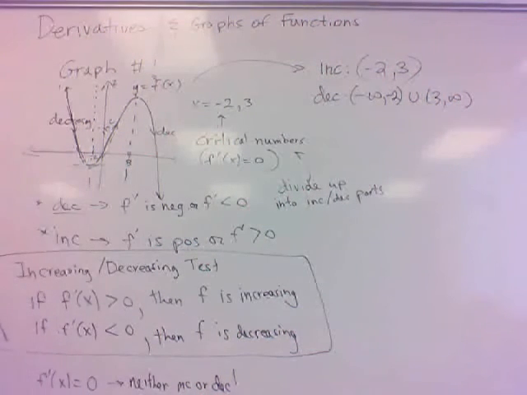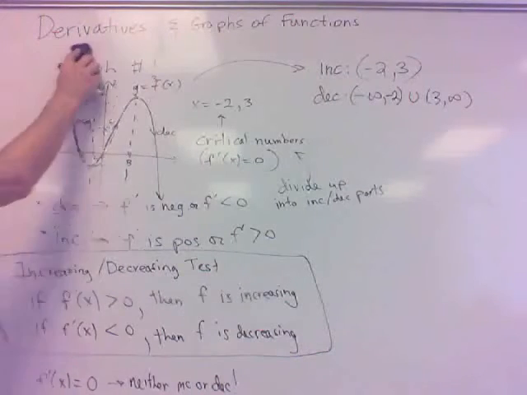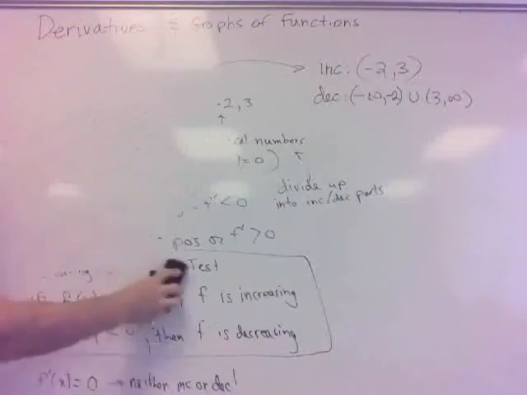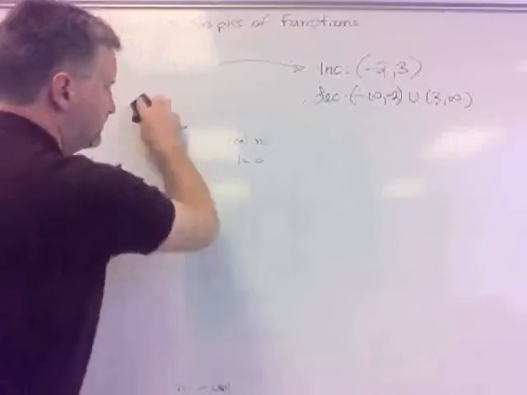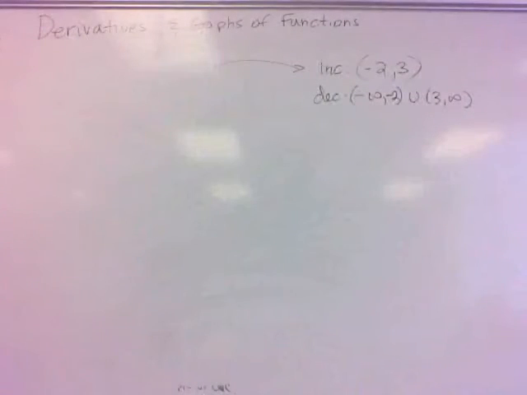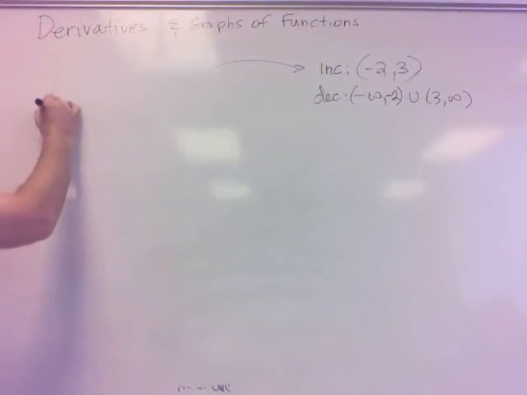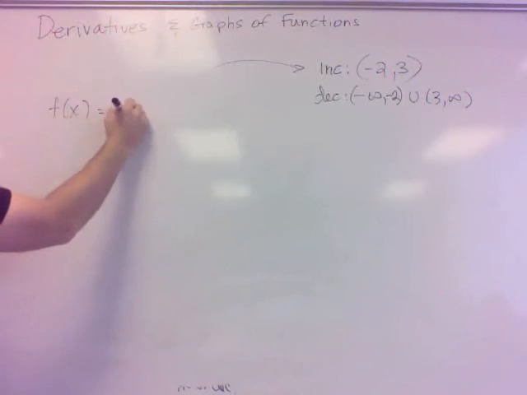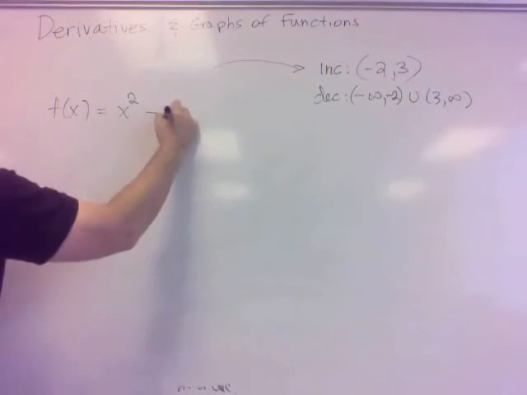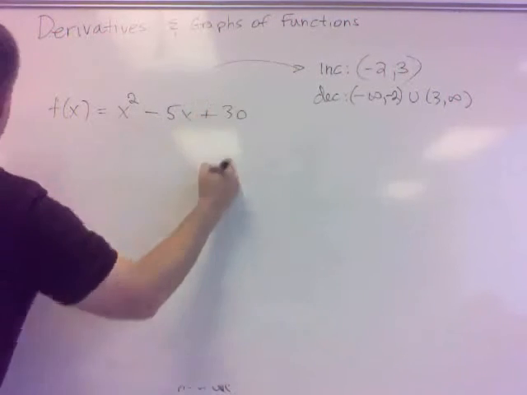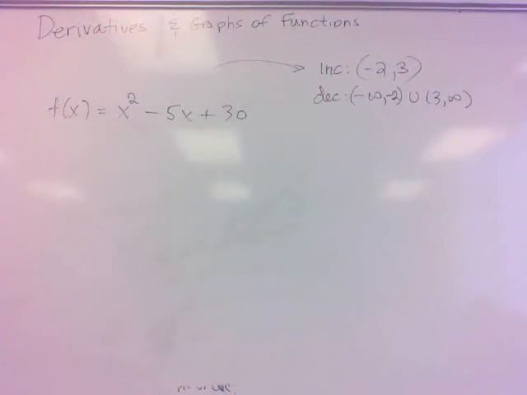So, let's do one here. One thing we're going to do with these when we get to just regular functions. I mean, this one, we could probably figure out the graph here, but x squared minus 5x plus 30 is a pretty easy one. We'll get to some more complicated ones in a second.